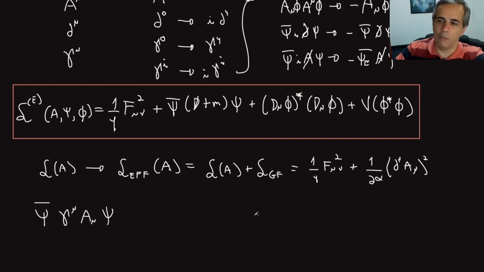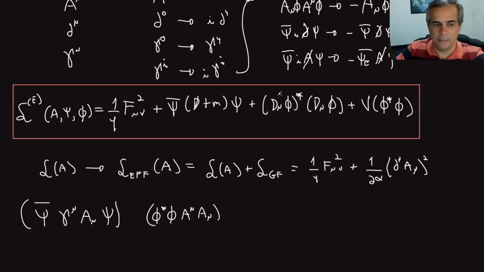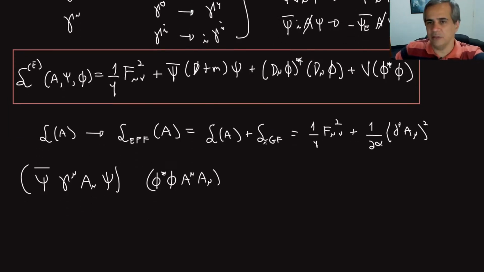From this part, I have more than one interaction. One of them is just psi star, psi, A mu. So you have interactions like this in there. The way to approach these interactions is the same as we have been doing before. I take this Lagrangian and I add to the Lagrangian a bunch of sources that in the end I can take to zero if I'm dealing with a situation where there are no physical sources.